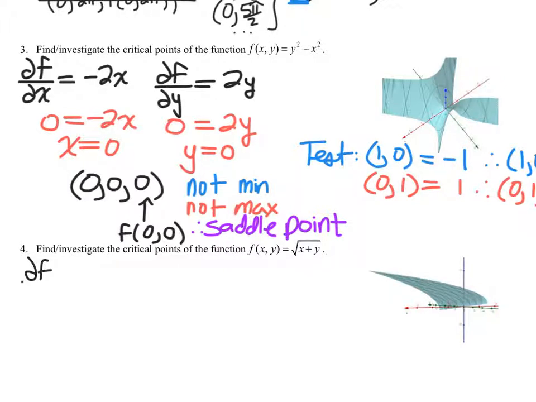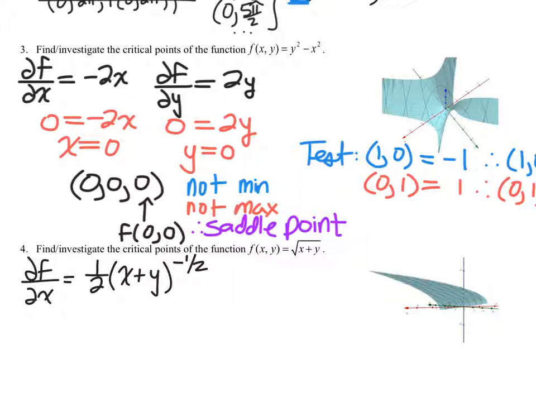So first order partial with respect to x. All right, so we get that, right? Because the derivative on the inside is just going to be equal to 1.